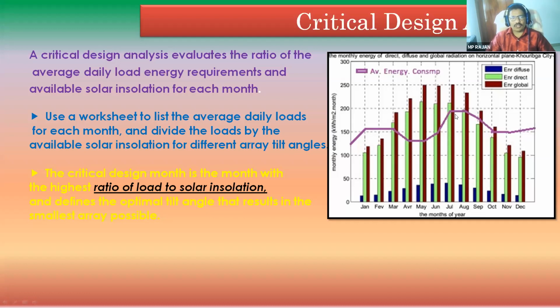So you have to go for the critical design analysis. The worst month as per this is September and October, or August also. There is less insolation and your power consumption is more, so here you get the ratio high.